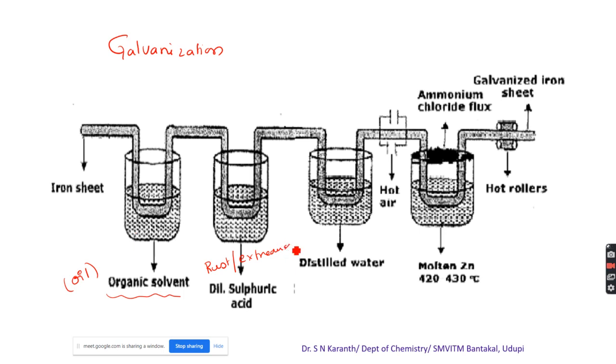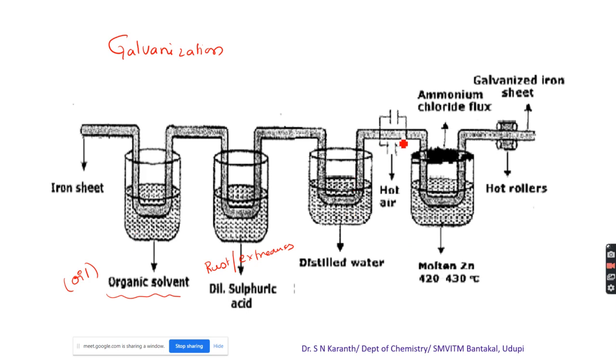If you directly carry out the galvanization process in an acidic medium, the corrosion rate increases. So that's why you have to remove the introduced acid, and it is passed through distilled water to remove the acid content. Even in moisture, the rate of reaction is more, so that's why it should be dried.